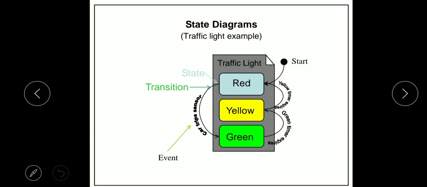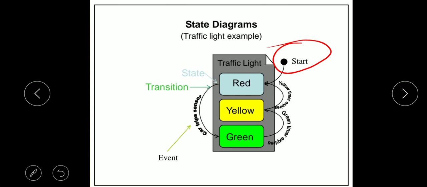Here the red is not red actually, but in real life it is red. So here the three states of the lights are red, yellow, and green, right? Now, at the beginning, when you are waiting to start at the signal, that is the start state. That is the red.